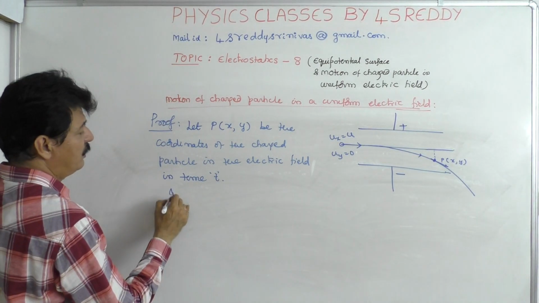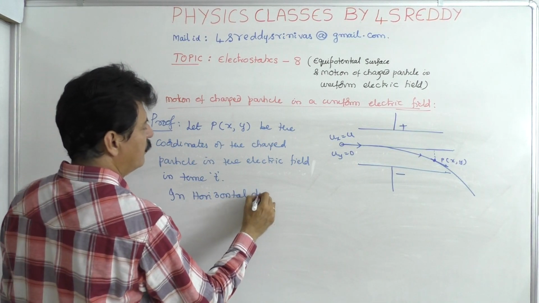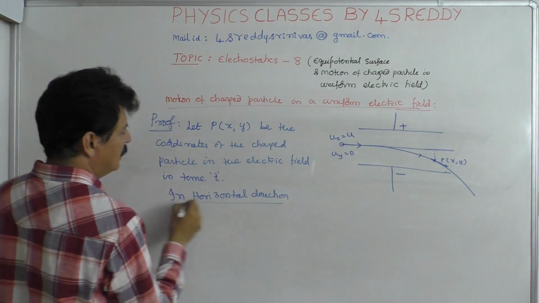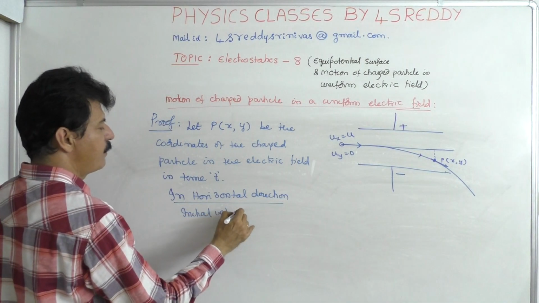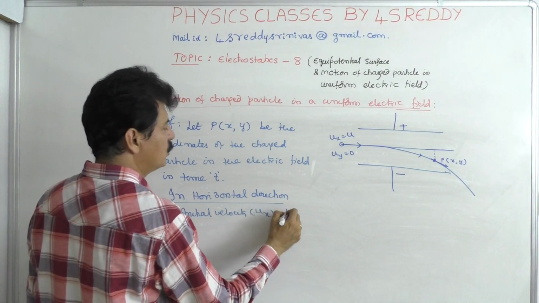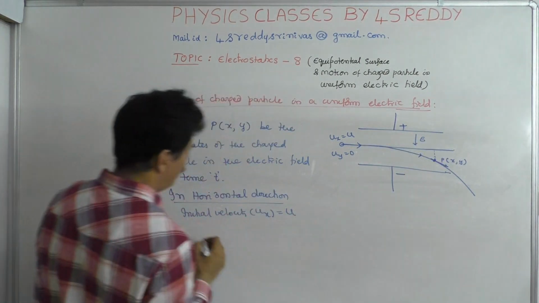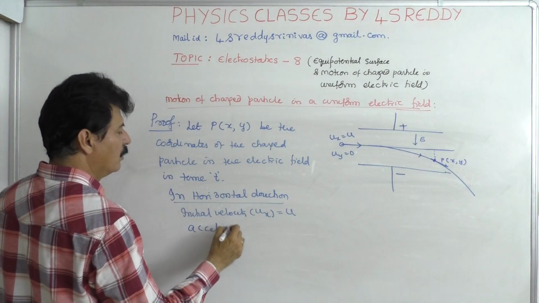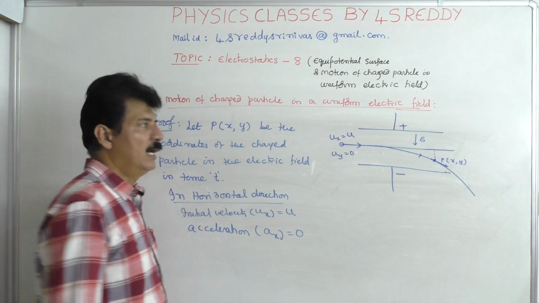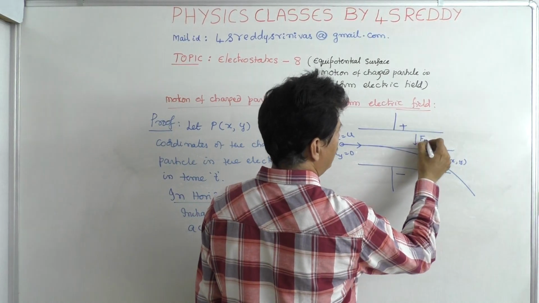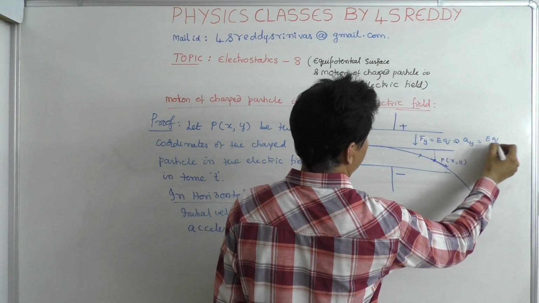Therefore, first of all, when you consider the horizontal direction, the initial velocity is ux equals u. This is the electric field direction. Therefore, the acceleration is ax equals 0, because here Fy is equal to Eq, which implies ay is equal to Eq by m.